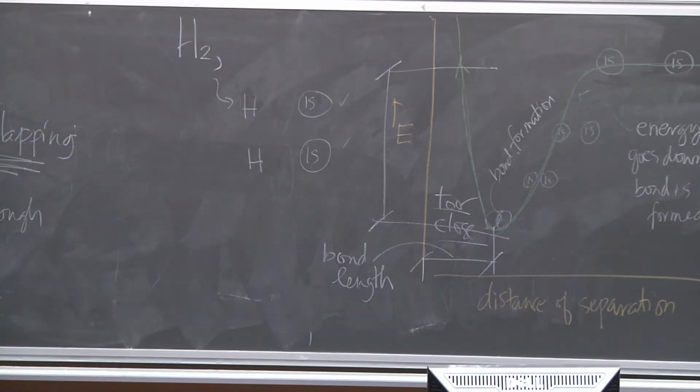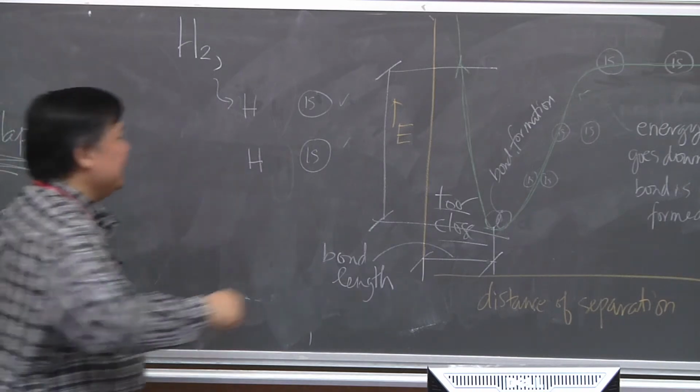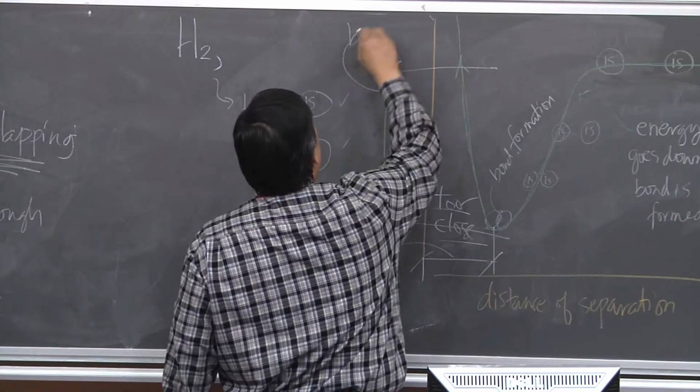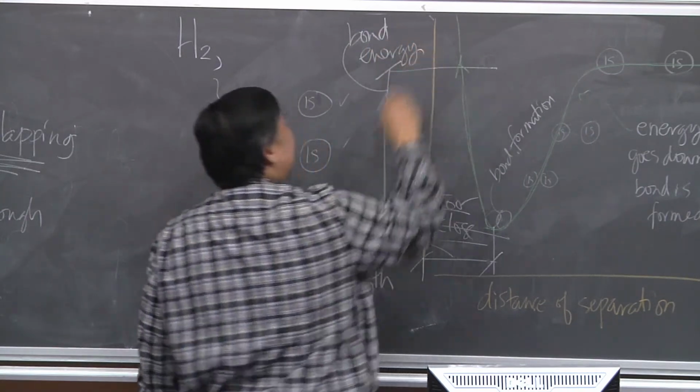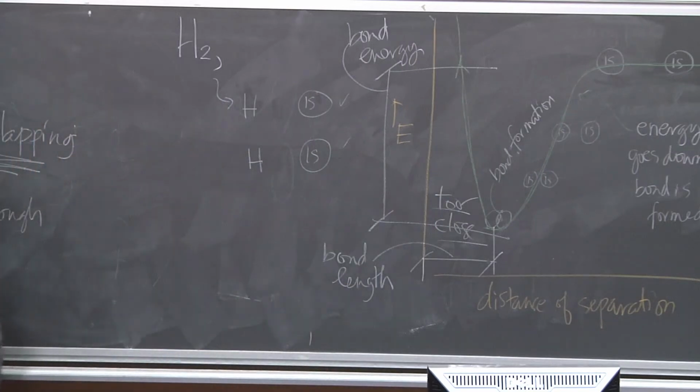That's the bond length. What's the other thing that's associated with bond? Bond length, bond... keep going. Oh, close. Energy. So now that defines the energy of the bond, and then it defines the bond distance. Are we good?